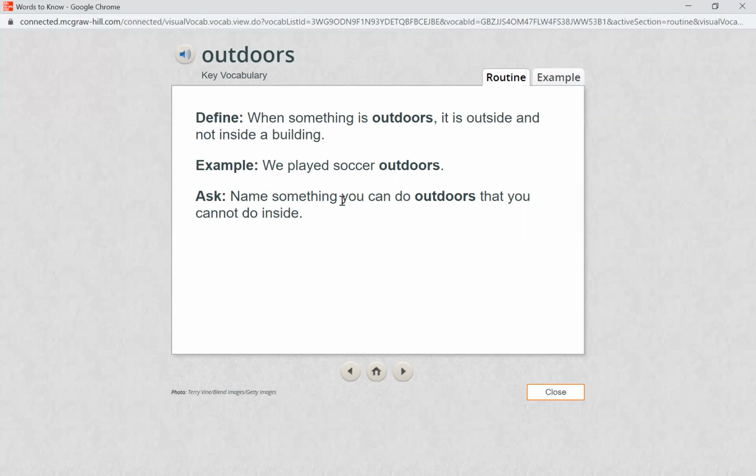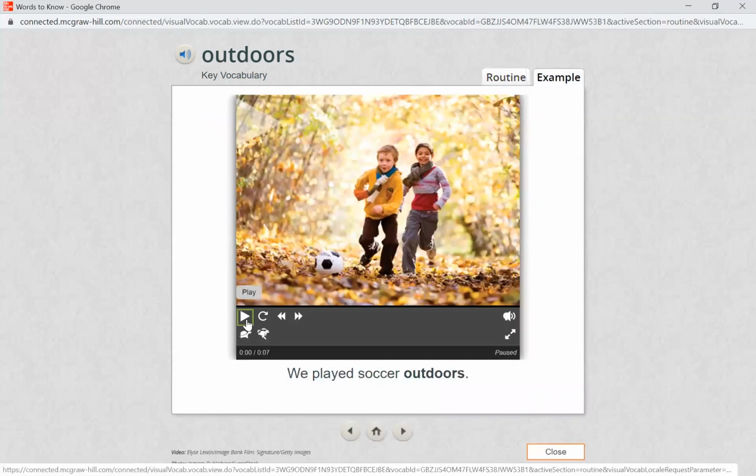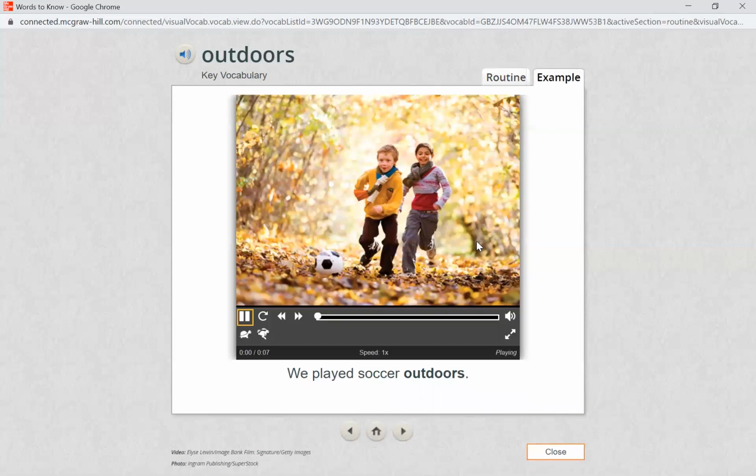So before we answer this question, let's look at our example. Outdoors. When something is outdoors, it is outside and not inside a building. So look at what the boys are doing in the picture. They are playing soccer, right?